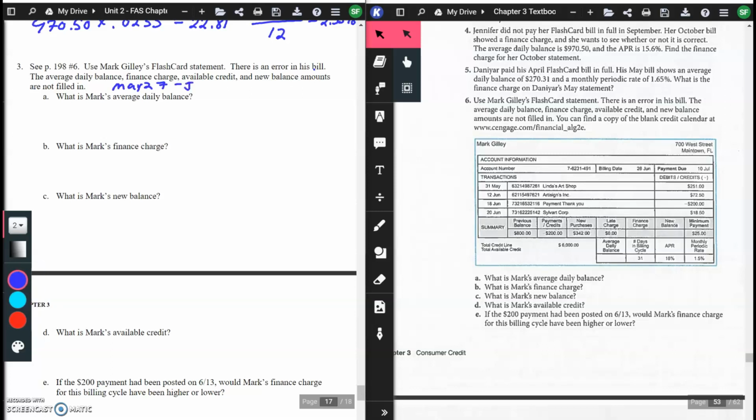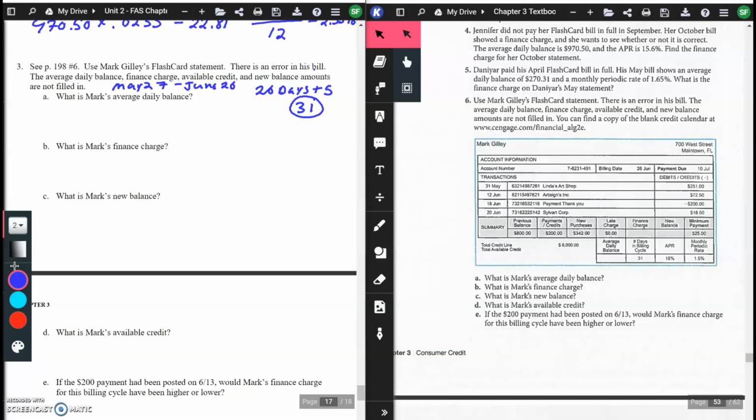All right, plus 5 in May, because you go up to May 31st, so that's a total of 31 days. Okay, so 31 days in our billing cycle here.